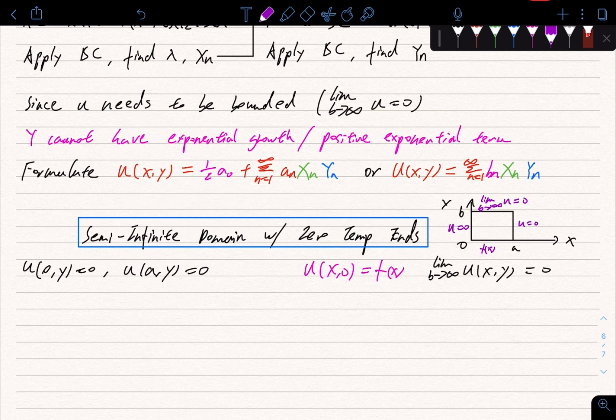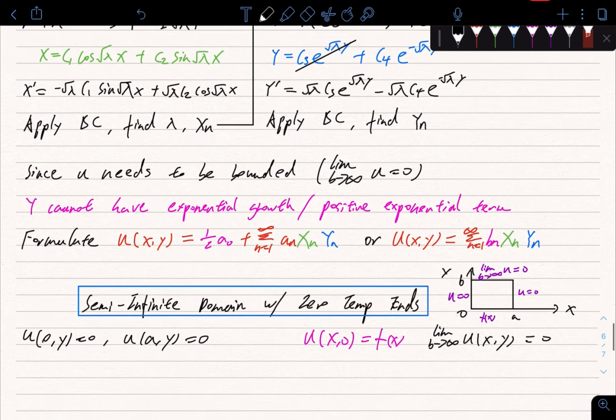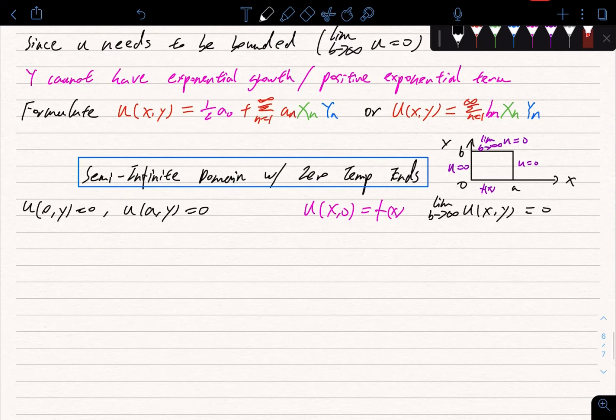All right. Then, because of our first initial condition, similar to what we did in the heat or wave equation, X of 0 will be equal to 0. So that tells us that C1 equals 0.